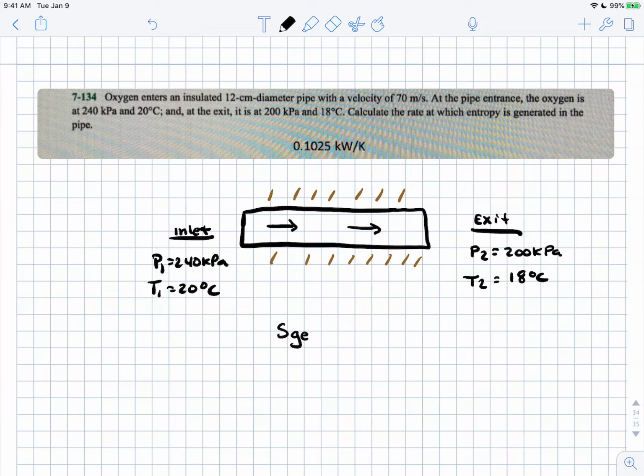If you remember too, we have entropy generated equals delta S system plus delta S surroundings.